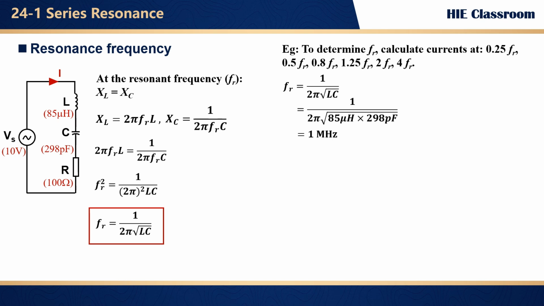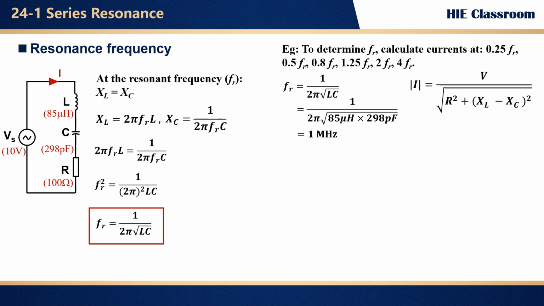Next, we are asked to calculate the current at a bunch of frequencies. To do this, we use the current formula. The absolute value of current equals V divided by the square root of R squared plus XL minus XC, squared.